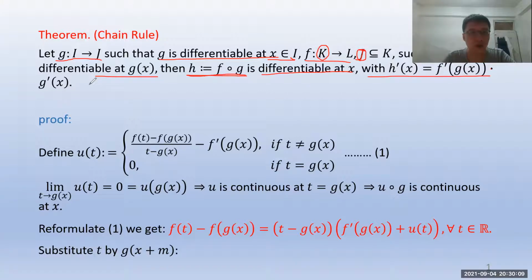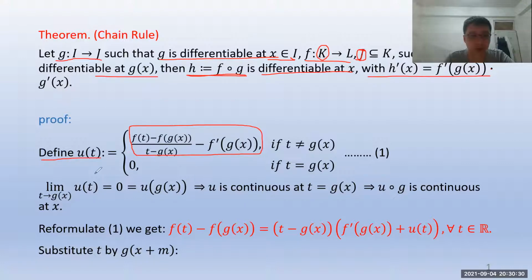Okay, and here is the outline of the proof. We define the function mu(t) equal to this term if t is not equal to g(x), and mu(t) equal to 0 if t equals g(x).